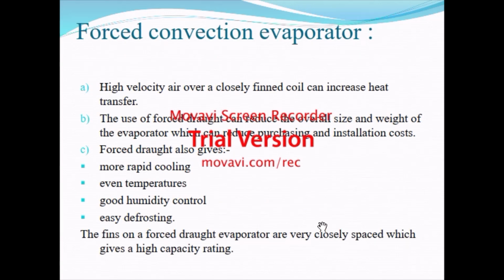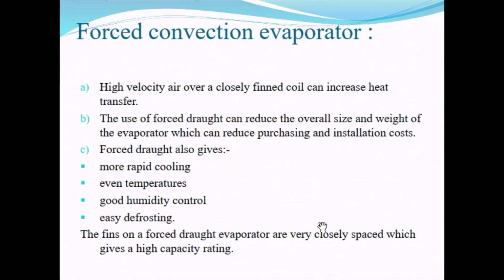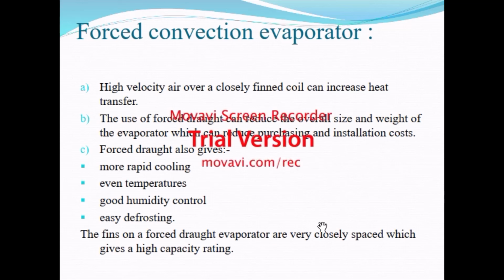Now we go to the forced convection evaporator. High velocity air over closely spaced fin coils can increase heat transfer. Yes, correct, so we can add more fin coils around the tube.